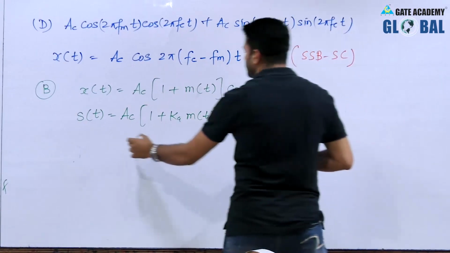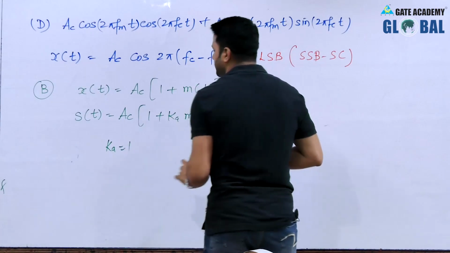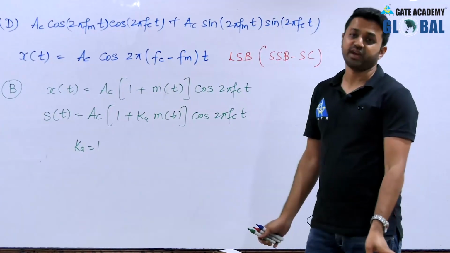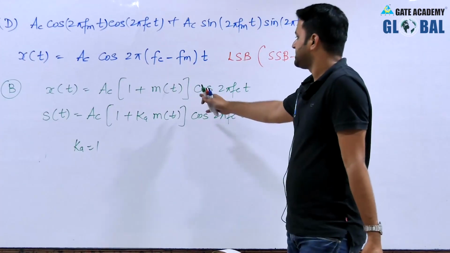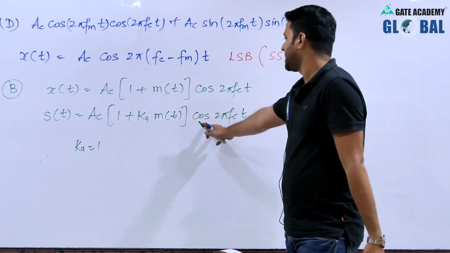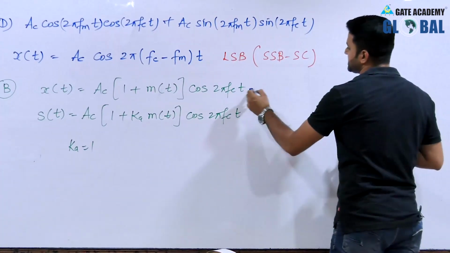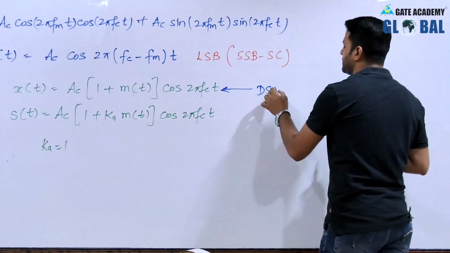On comparing these two, we get k equal to 1, and it shows the expression of AM, because it is in the form of Ac 1 plus k mt cos omega ct. That means this is a double sideband full carrier.